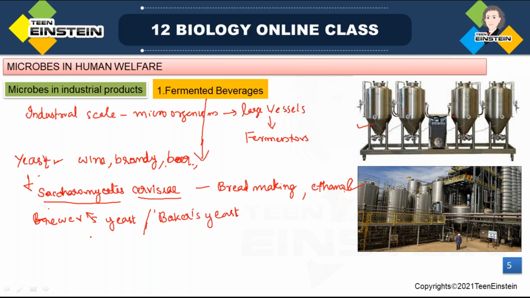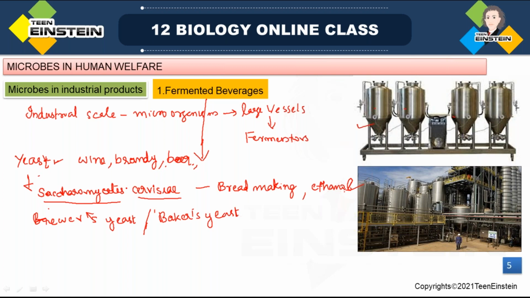And from that they will produce wine, brandy, beer, ethanol and all.